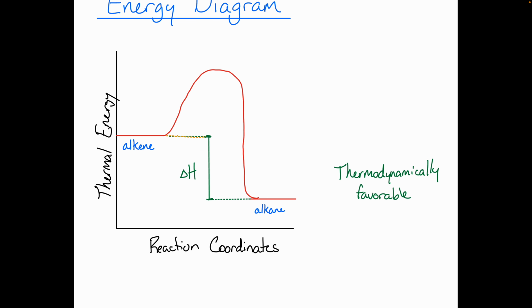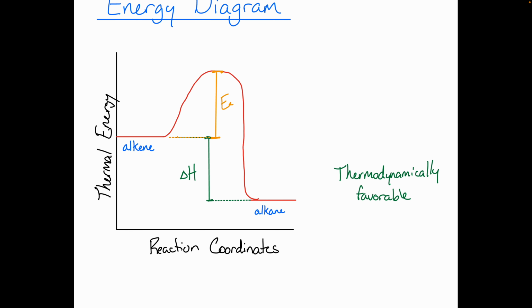All right, so now if I look from where I started to the height of that barrier here, this is what we call our activation energy. And what does your activation energy tell you about a reaction? Does anybody remember?